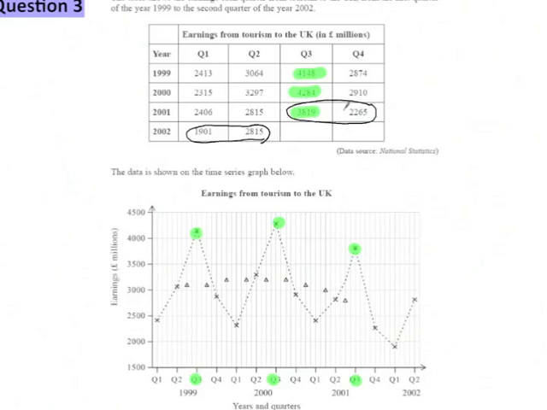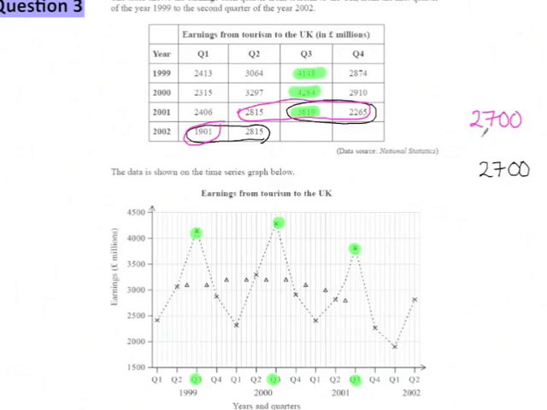So we will add these numbers up, here, here, here, and here, divide by 4. So the last moving average is 2,700. The moving average before that, in another colour, are these numbers and here. Adding those up and dividing by 4 also gives us a moving average of 2,700.